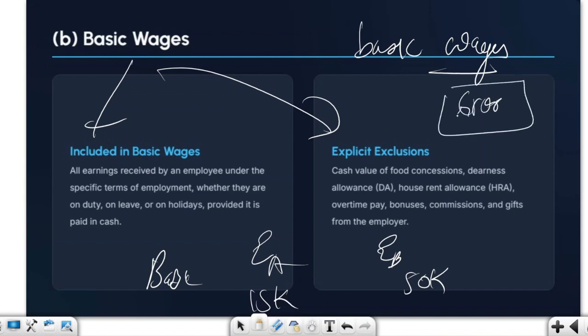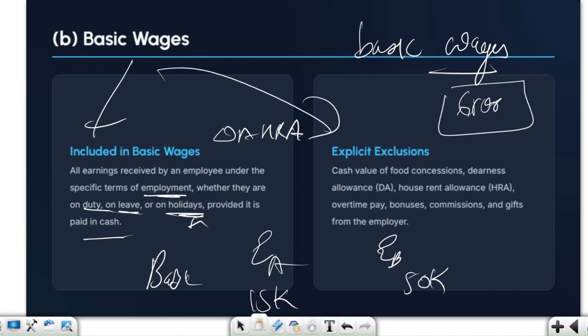The gross salary includes specific terms of employment, for example DA, HRA, and many other benefits. Whether they are on duty, on leave or on holidays, provided it is paid in cash. Here the gross salary is 60,000.